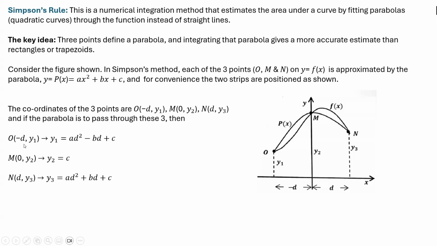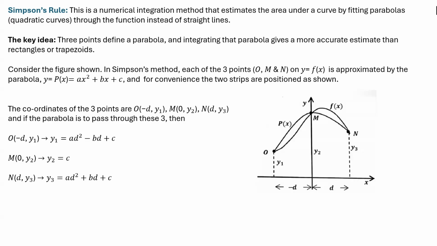If we put the value inside the parabolic equation, we get our first equation, which is ad squared minus bd plus c. And as we go, we put our middle point and end point values into the equation, and we get the rest of the equations. Because the parabola passes through 3 points, we substitute their coordinates.